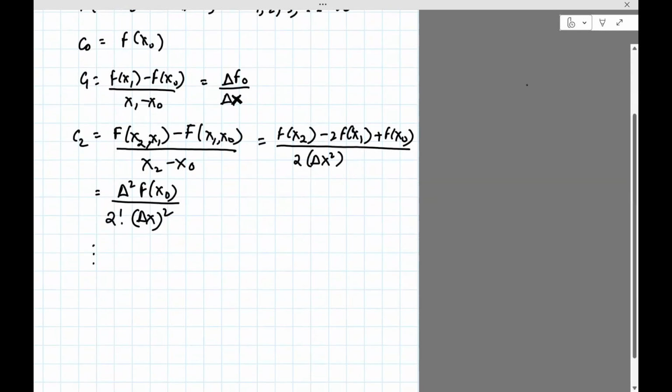And you can keep doing that till you end up with Cn. Remember that formula was xn, xn minus 1, so on, x1, x0. It's nothing but the nth derivative, which is the finite difference, delta n f0 divided by n factorial delta x to the n.